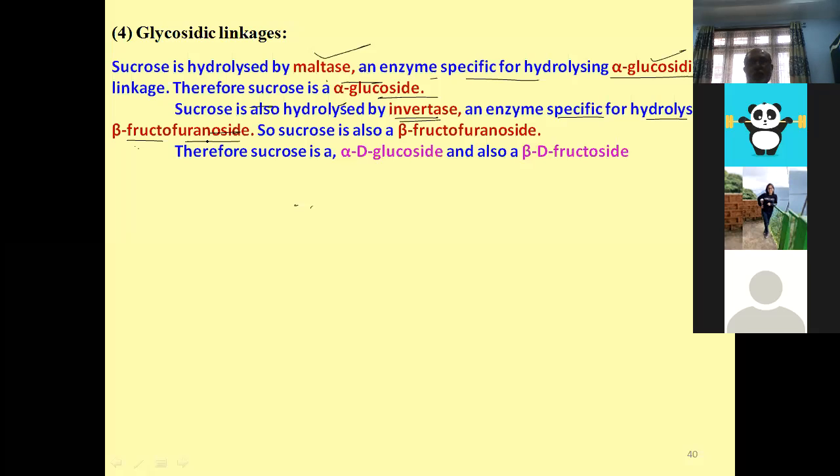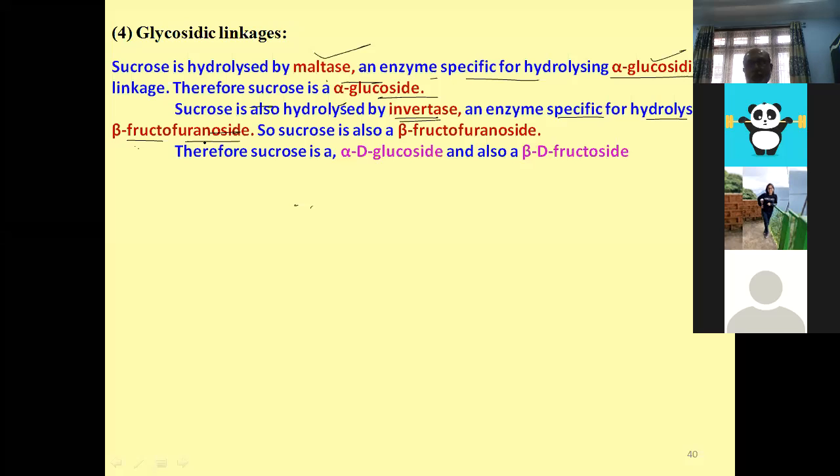Do you remember alcohol fermentation? Alcohol fermentation from molasses. Molasses is that brown liquid that is left after extraction of sugar in the sugar factories.